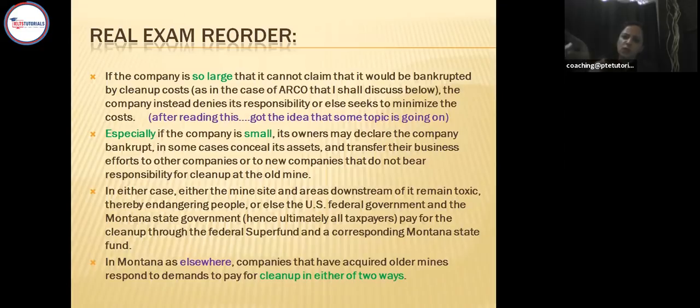"If the company is so large," I have to put first, or "especially if the company is small." I will say number 2 will come first. Because when I'm generally talking, it is small, but "so large" means I'm comparing something.